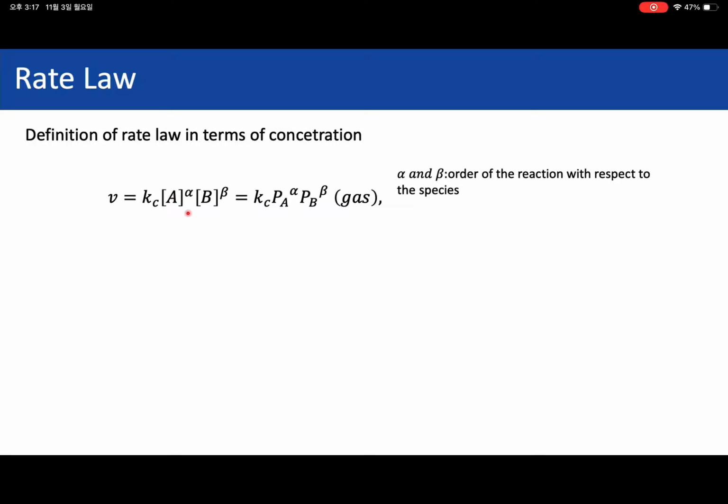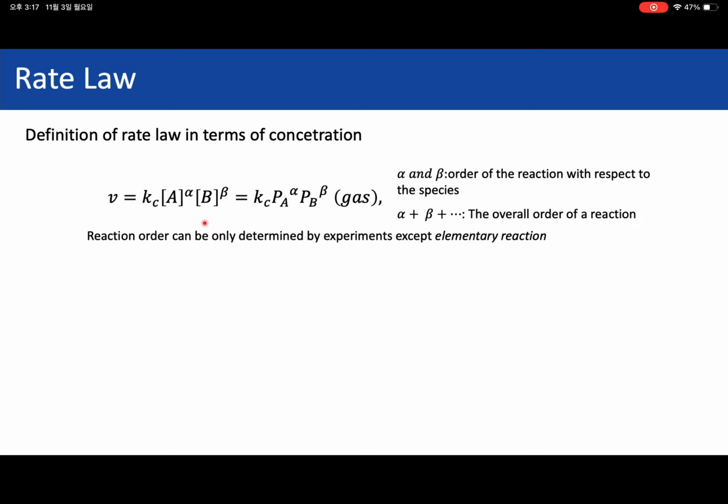Alpha is the order of reaction with respect to reactant A, and beta is the order of reaction with respect to reactant B. The sum of alpha and beta is the overall order of the reaction. One thing you have to keep in mind is that alpha and beta, the reaction orders, can only be determined by experiments, except for some special cases such as elementary reactions.